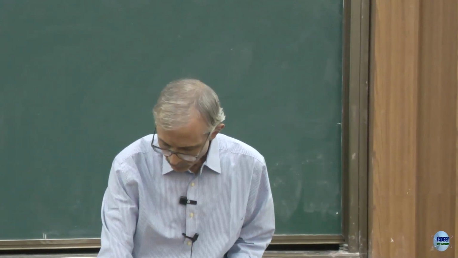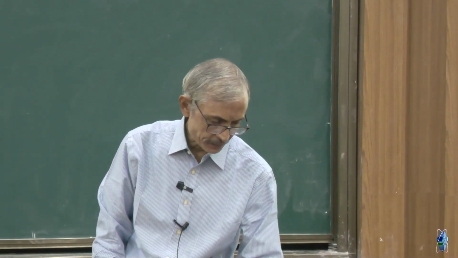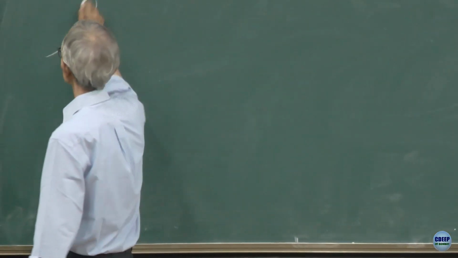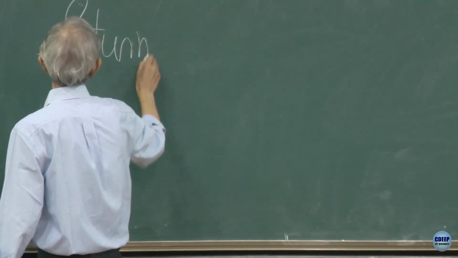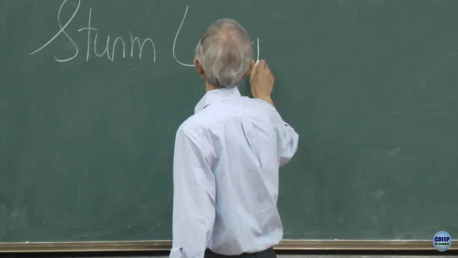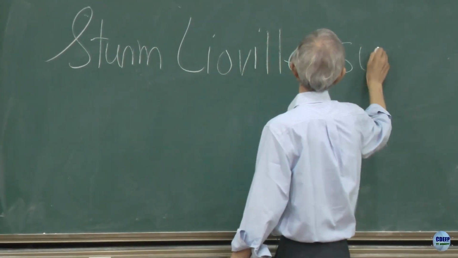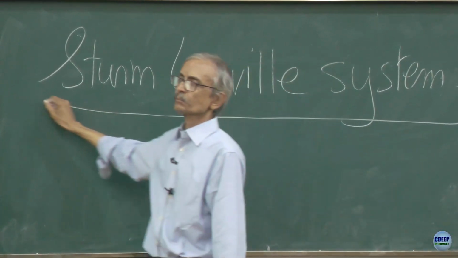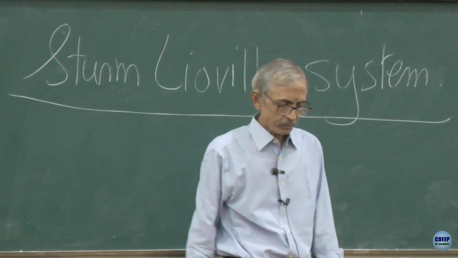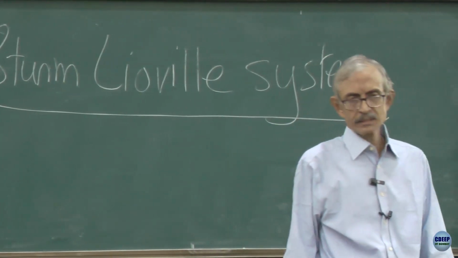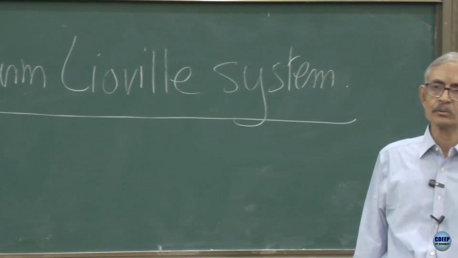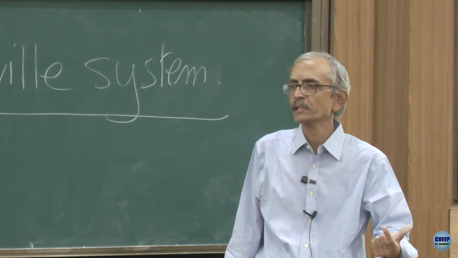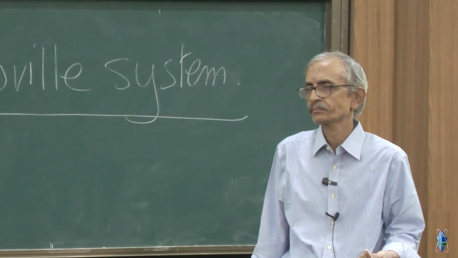Okay. So let us go ahead and get started on this so-called Sturm-Liouville system. We need to look at the Sturm-Liouville system so that we can appreciate why it is that we have been able to use that orthogonality for those particular eigenfunctions and eigenvalues.